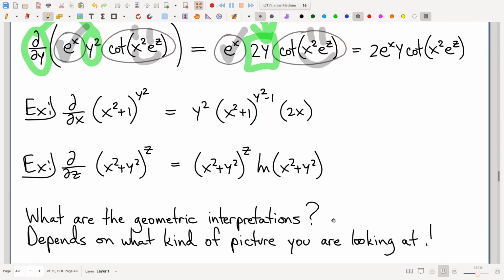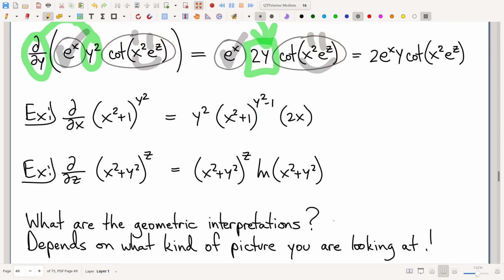A couple more examples real quick. Let's see here. Let's take the partial with respect to x of this thing. Well, wait a second. If x is my variable, that means that y is a constant, which means this whole exponent is a constant. And when you have a function to the power of a constant, then you just do the power rule thing.